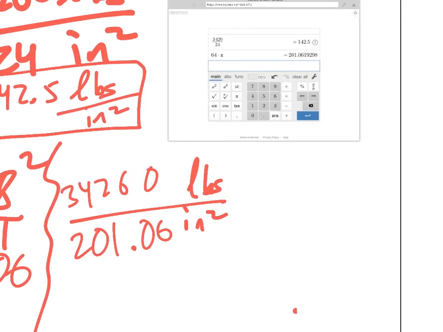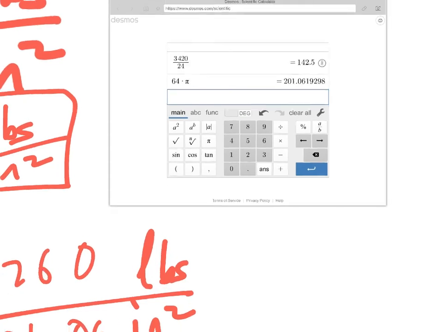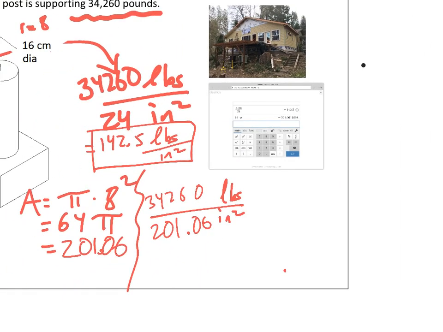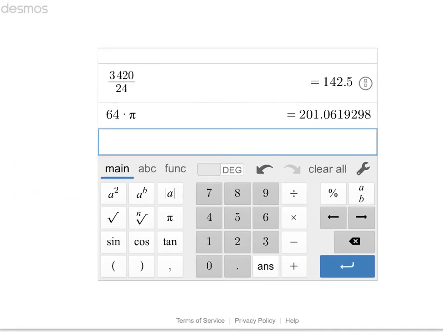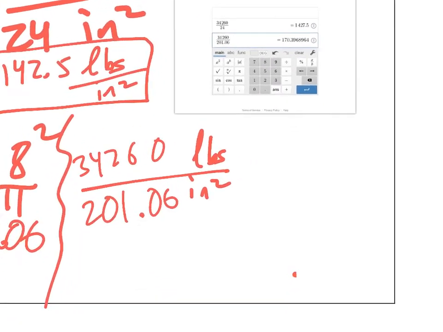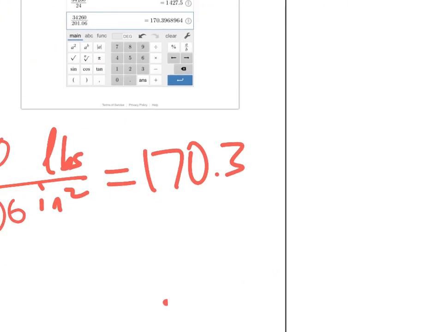Let's see what we get. 34,260. Oh, you know what? Gotta watch out. 170, sorry, 0.3. All right, so we have 170.3, and that is pounds per square inch.